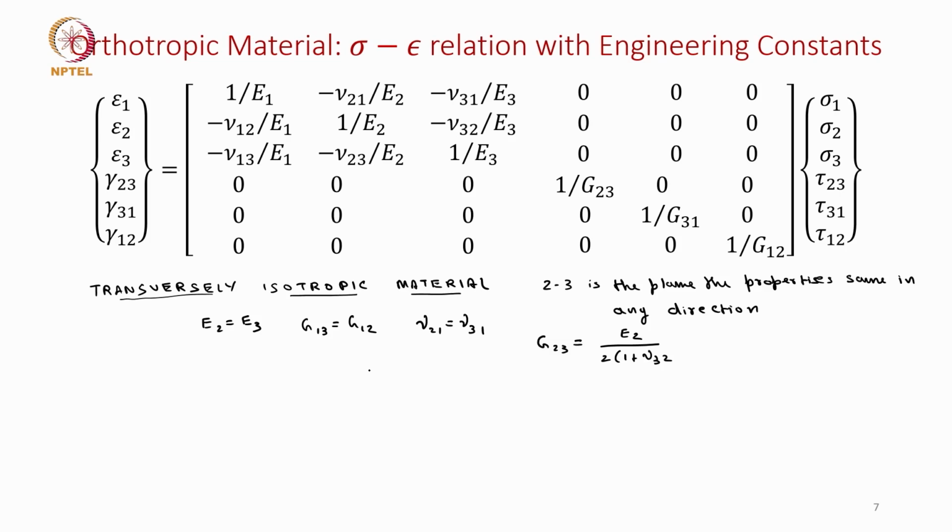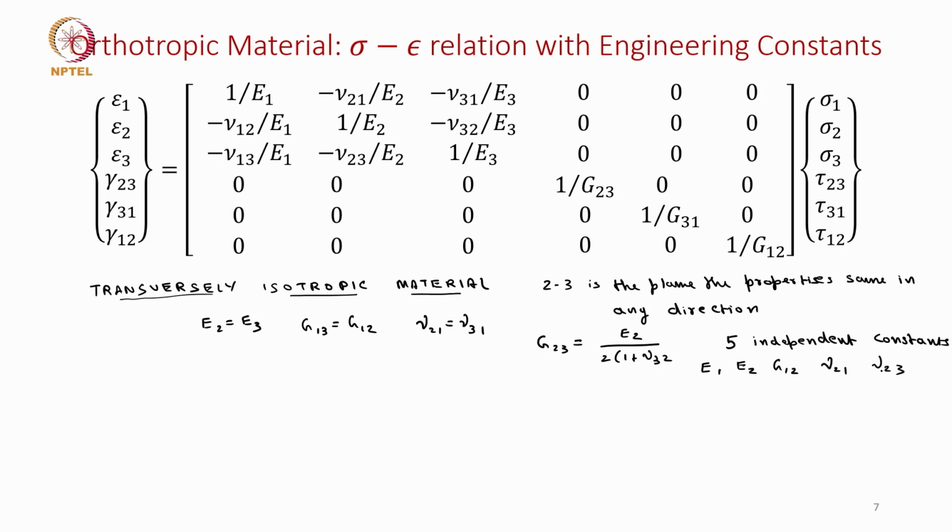If we do all of these, we see that what we are left with is 5 independent constants, which can be written as E1, E2, G12, nu 21 and nu 23.